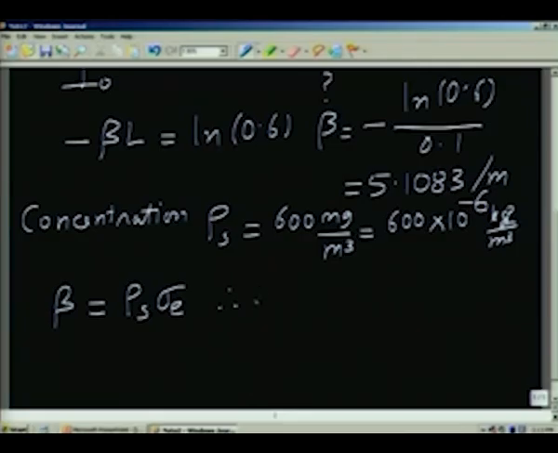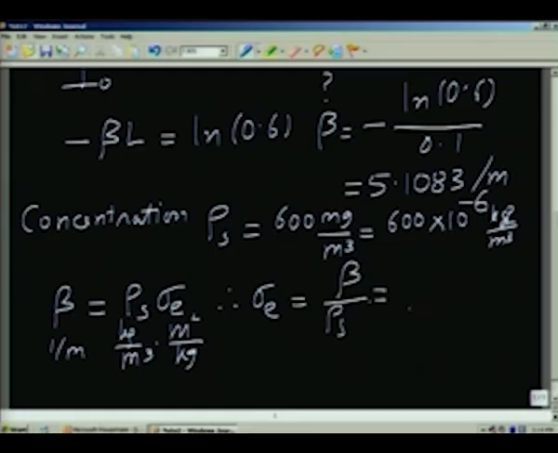If you remember, beta is in 1/meter, rho s is in kg per meter cube, and sigma E is in meter squared per kilogram. So, the kg will cancel, it will give you 1/meter. So, it is nothing but the density multiplied by the extension cross section per unit mass. Sigma E is the extension cross section per unit mass. So, sigma E is beta by rho s.